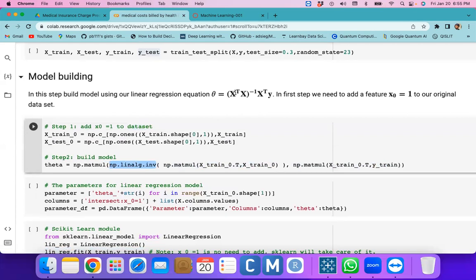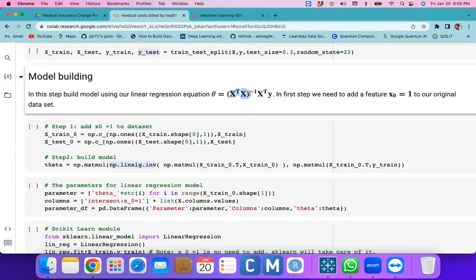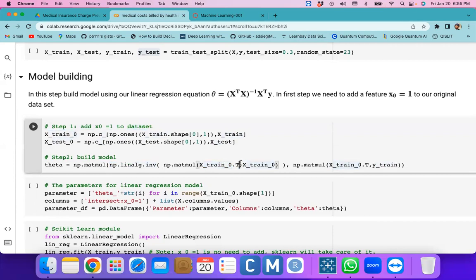We are doing the multiplication of X transpose and X. Matmul means matrix multiplication: x_train_0.T means transpose, multiplied with x_train. We take the inverse of the result of this.